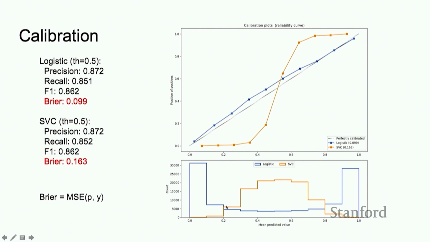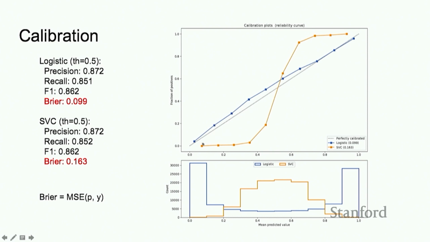So if the calibration curve goes close to the 45-degree line, it means when the predicted probability was 0.8, for example, then the actual fraction of positive examples was also roughly 80%. Similarly, of all the predictions that had a prediction of 0.2, roughly 20% of them were positives.